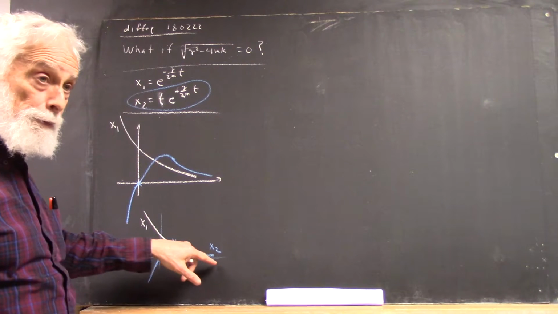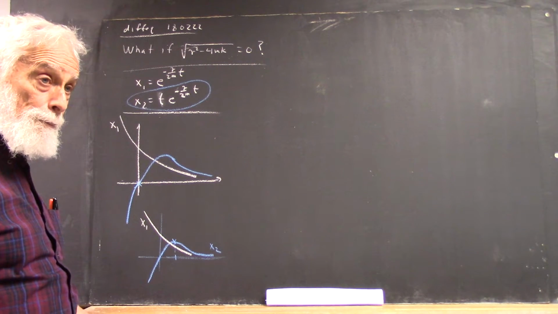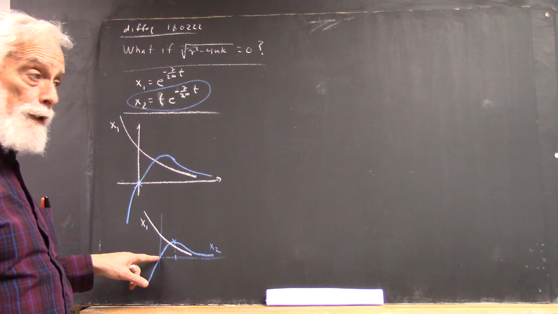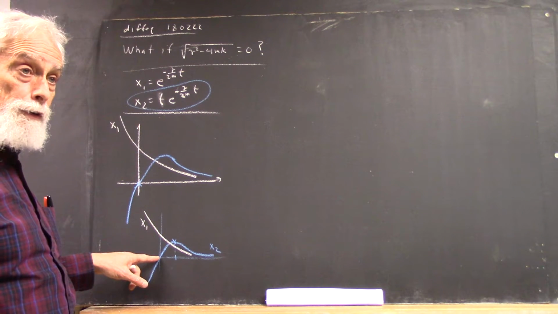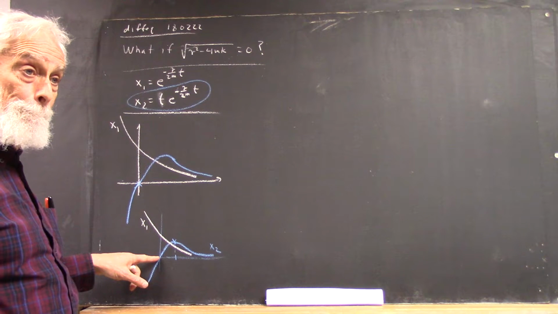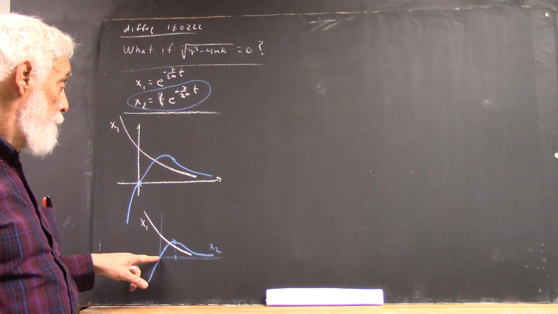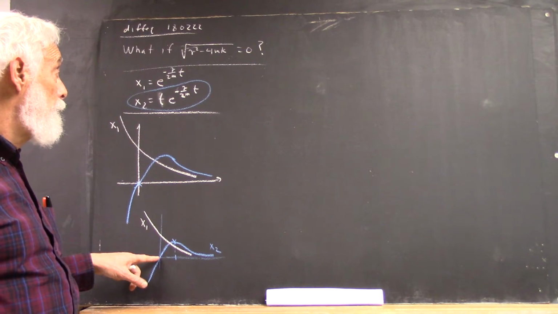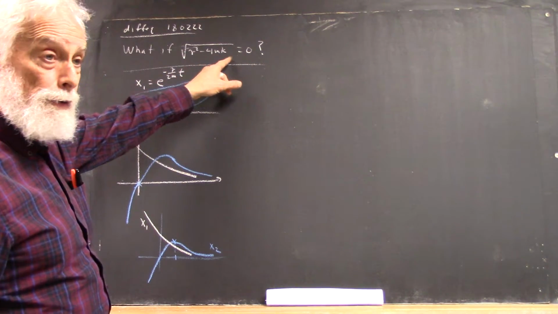So you could get this. How could that happen? You've got this harmonic oscillator in some kind of a medium, and gamma matches up with m and k so that this is 0, right?